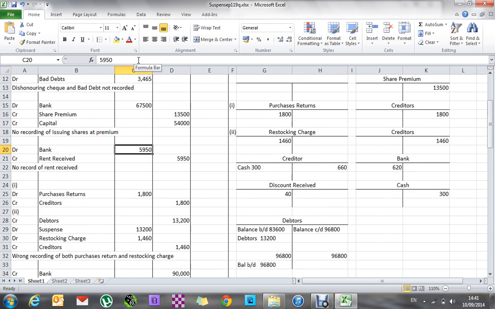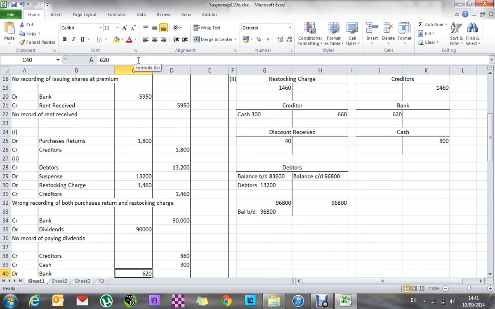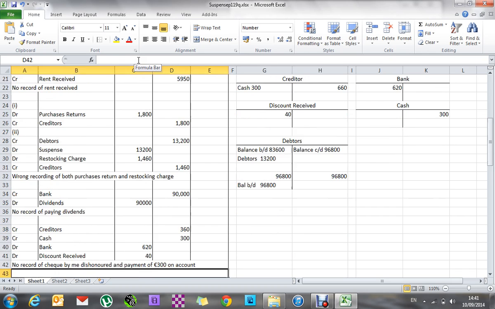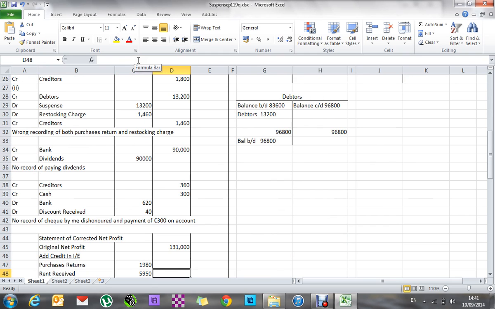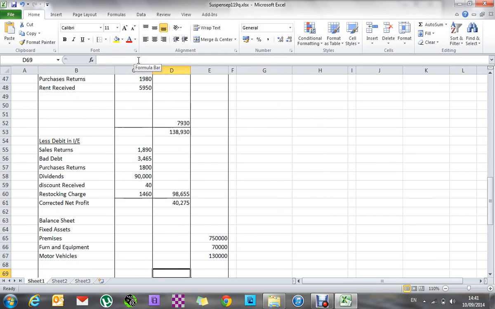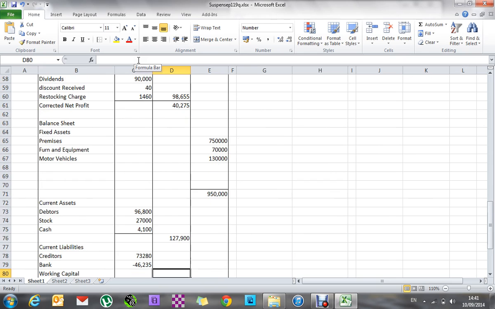Then the overdraft is going to get smaller again by 5,950, and then we're going to make the overdraft worse by 90 grand. And then we've got a bank of 620, which is added in, which makes my overdraft worse, so I've got minus 620. The overdraft increases by 90 grand.